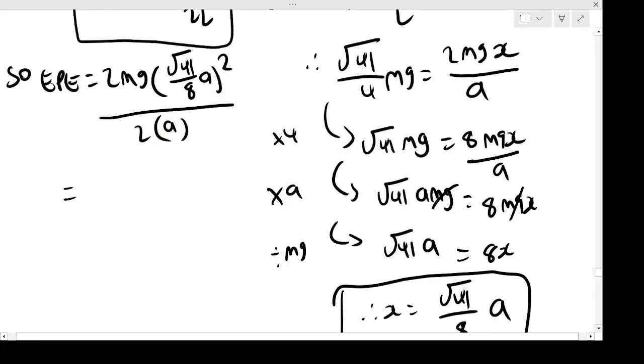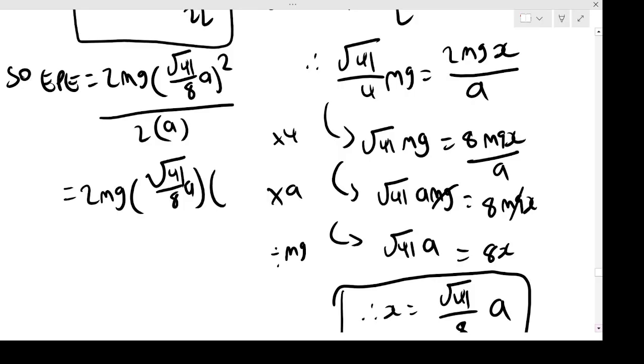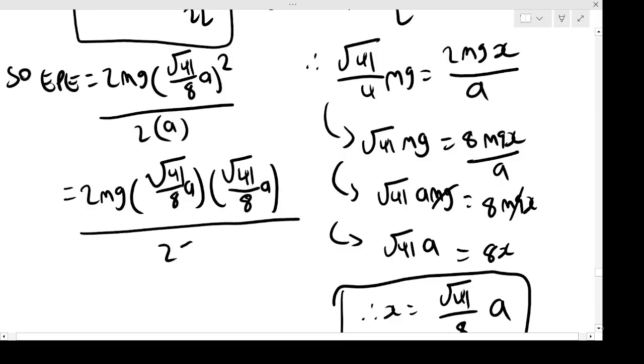So that's going to be 2 mg lots of, if I break it down, root 41 over 8 lots of A times another root 41 over 8 lots of A, all divided by 2A.